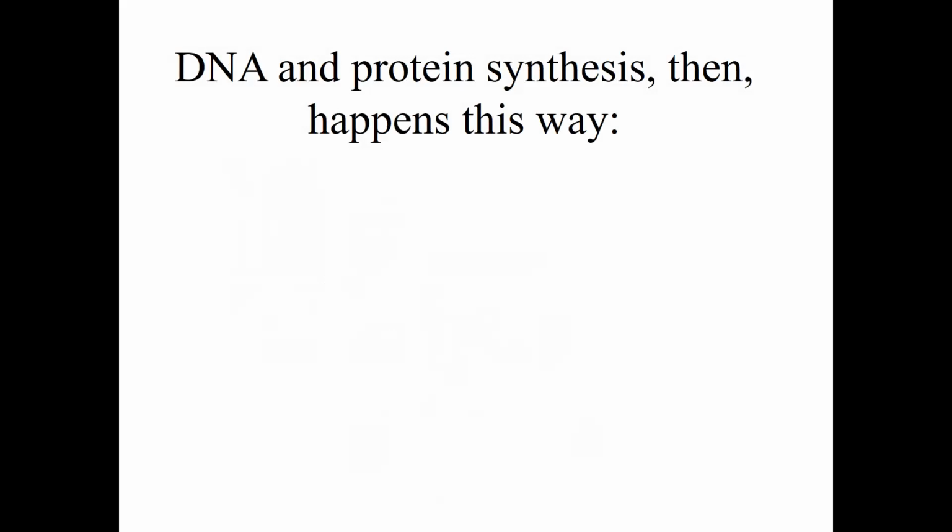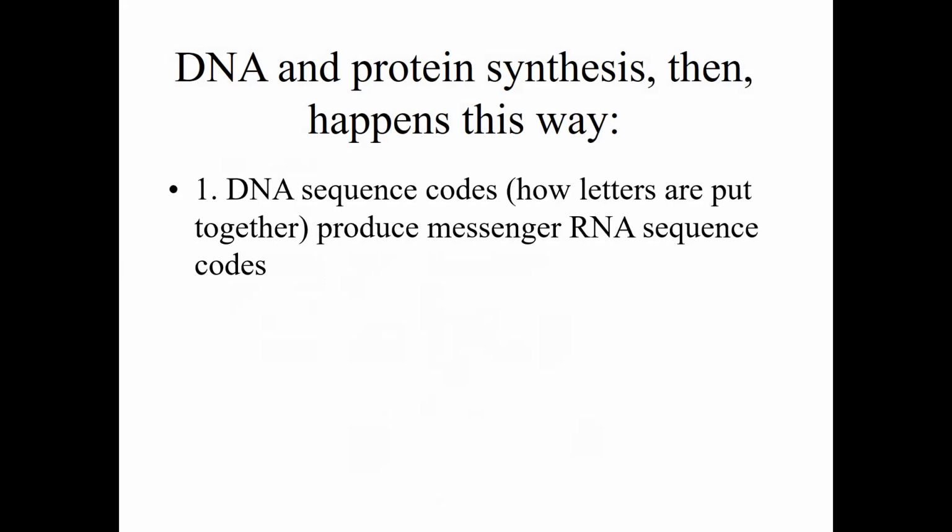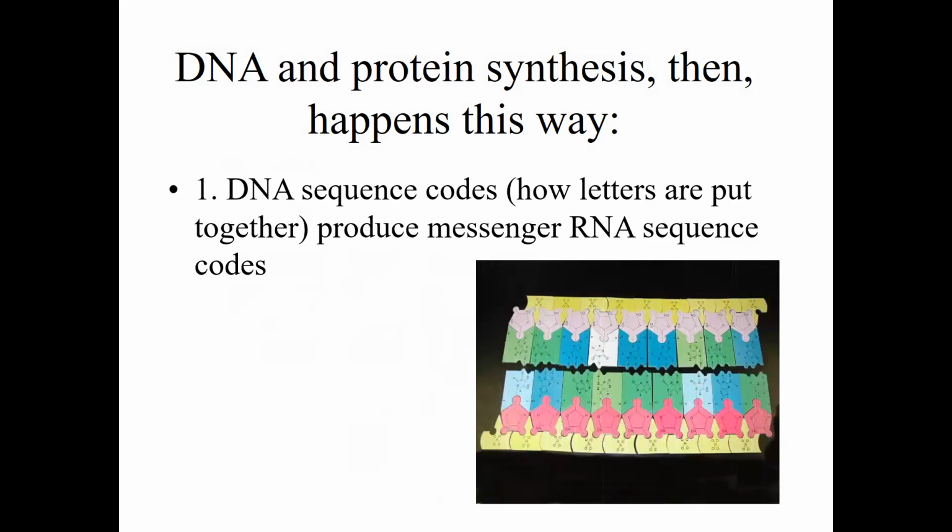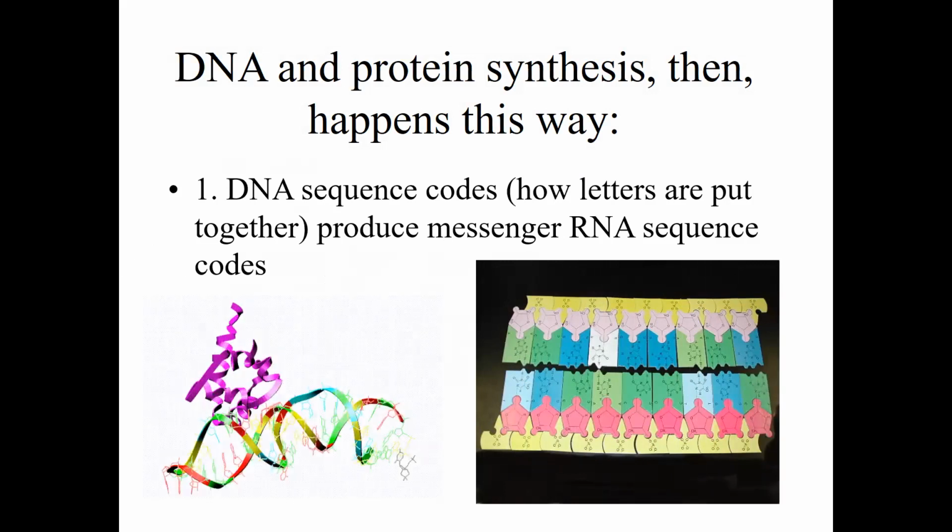So DNA and protein synthesis happens this way. First, the DNA sequence code, how letters are put together, produces the messenger RNA sequence code. So the DNA sequence code is transformed into the messenger RNA sequence code. And messenger RNA is single-stranded, but DNA is double-stranded.